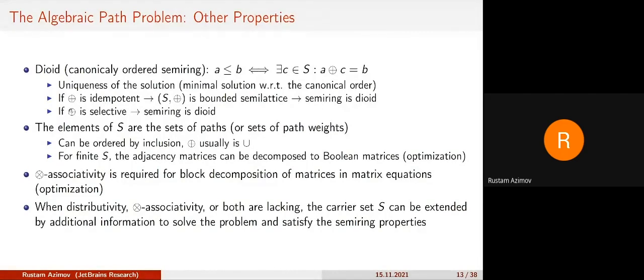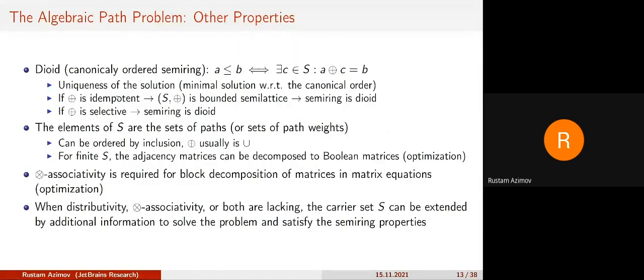Also your semiring will be a dioid if you choose the plus operation as a selective operation, when a plus b equals a or a plus b equals b. So select one of two.